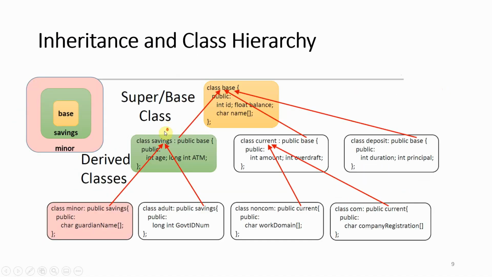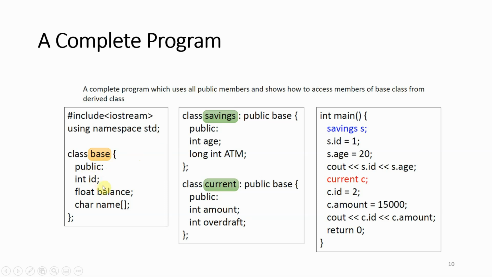Using this example, let's say that these member variables are public for the base class. It means that they can be used like objects of class base, like member variables that can be accessed anywhere.